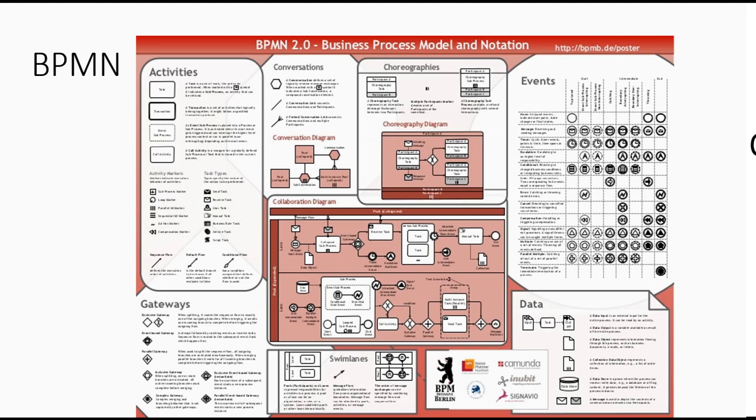Here's BPMN, which replaced it for the purpose of defining business process. And this, you can see, is much more complex. It has many more elements and lots more symbols. In practice, almost no analysts use every kind of symbol on this chart.